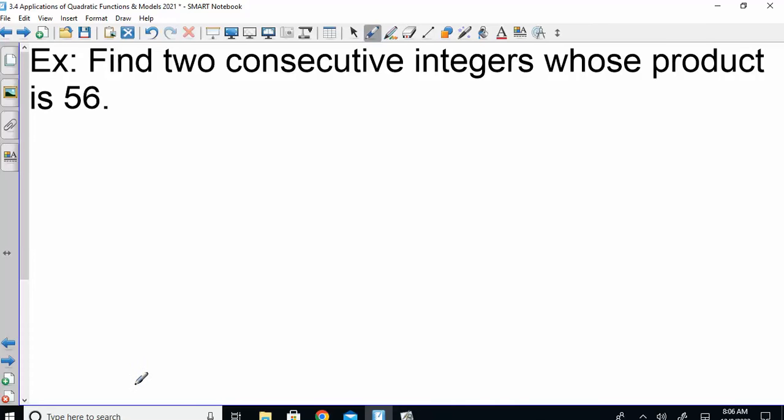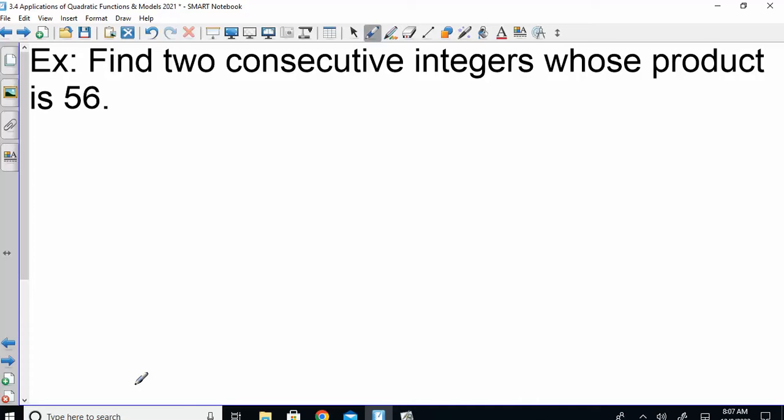So let's look at this. Alright, find two consecutive integers whose product is 56. So there is one maybe like this on your homework, and I kind of stepped it out in ABC because I don't want you to just write down the two numbers.